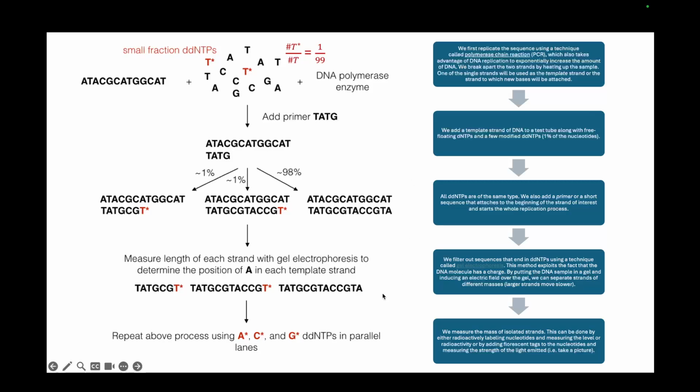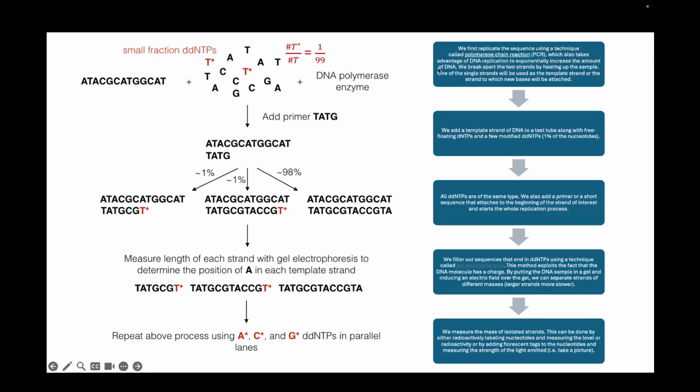It is not only applicable to Sanger sequencing; it is applicable to any sequencing technology that uses the sequencing by synthesis method to sequence a particular genome. So let's go through the steps.